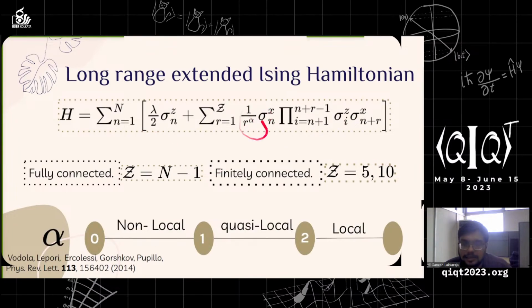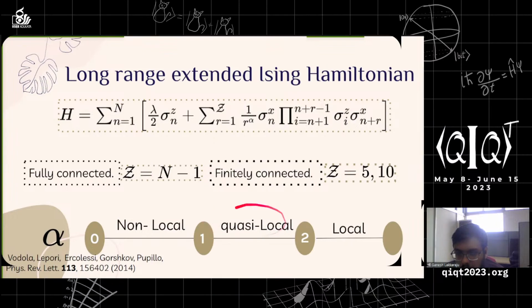This model has transition points in the alpha decay, which I'll call decay rate or alpha interchangeably throughout the talk. It has been shown in this PRL that between 0 and 1, this has something called a non-local phase, and between 1 and 2, it has something called a quasi-local phase.